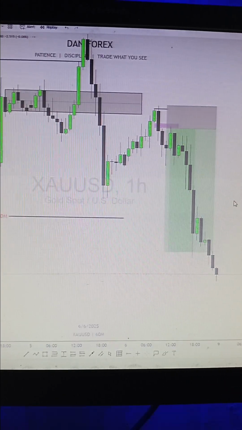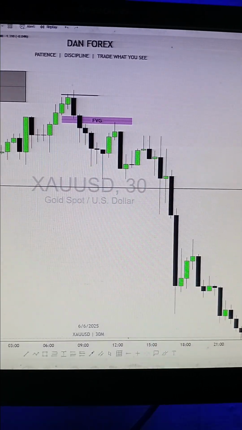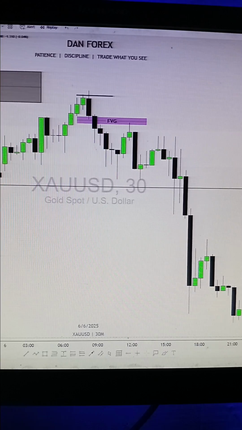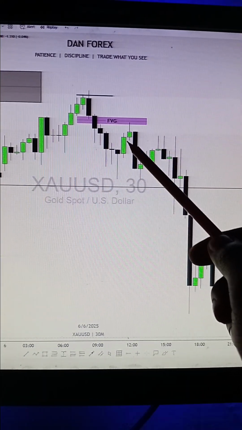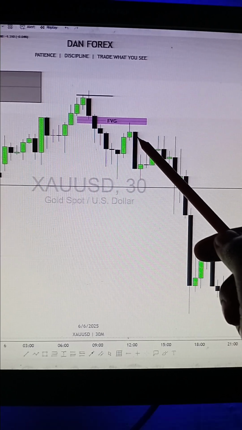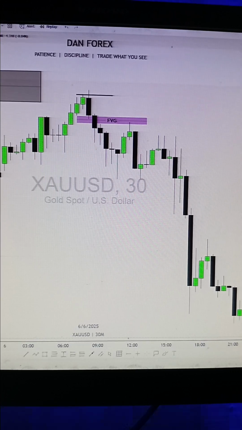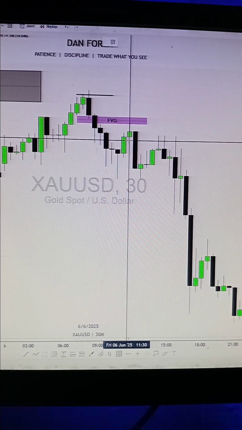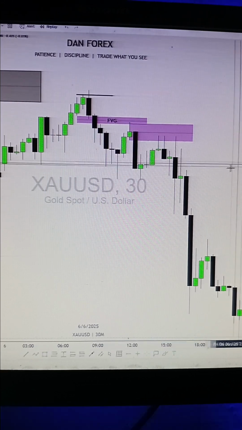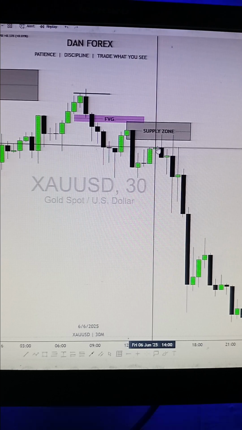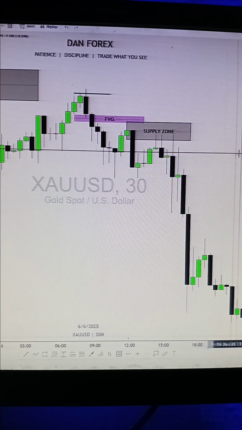So on 30 minutes, after the market mitigated our fair value gap, it gave us this engulfing candle, which had this supply zone. You could have marked this engulfing candle, this supply zone, like that, and taken your entry there.